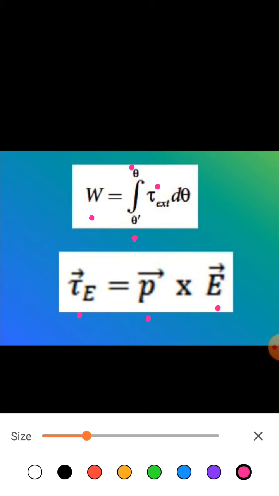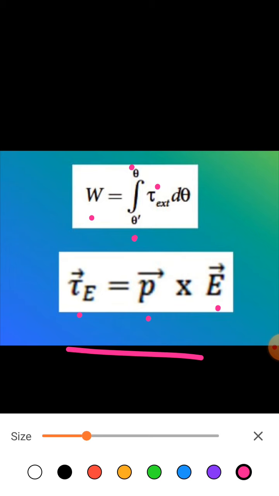Already we know P means the value of dipole moment, E means the value of electric field. Therefore, tau external is equal and opposite to P vector cross E vector.